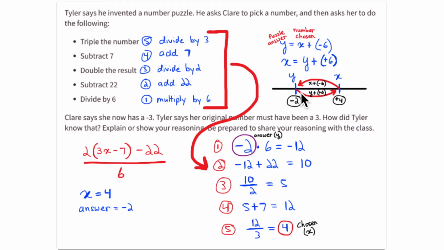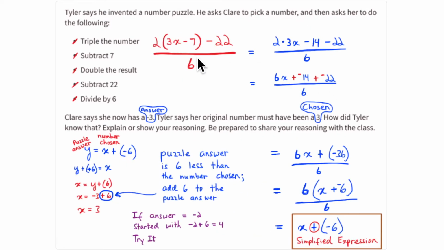Take the answer and add a positive 6, and you're going to get back to the number that was chosen. So this is working backwards.